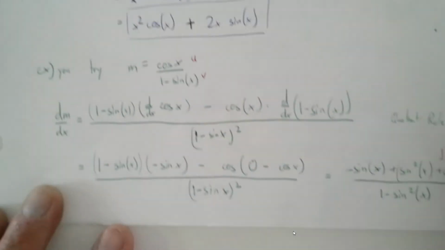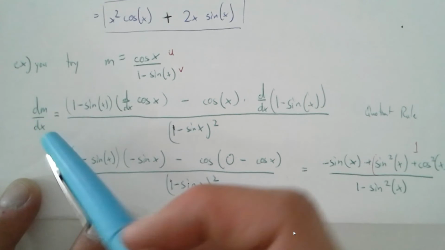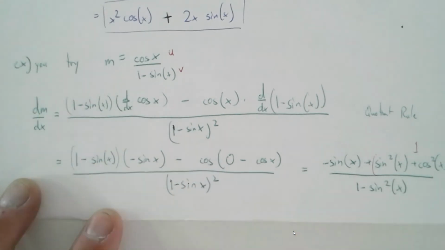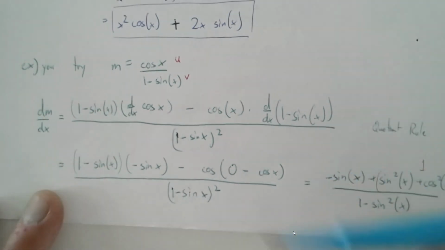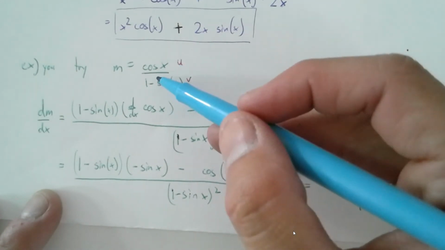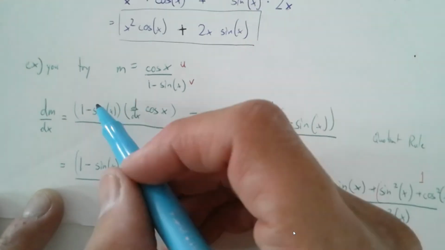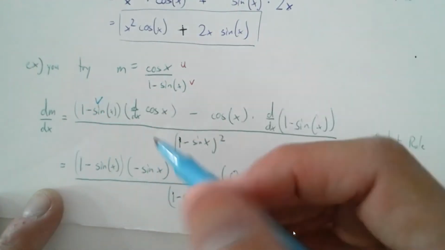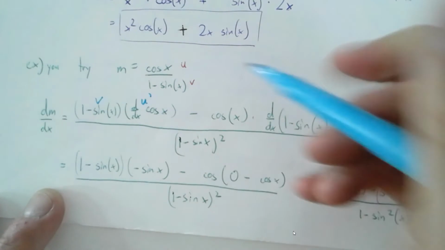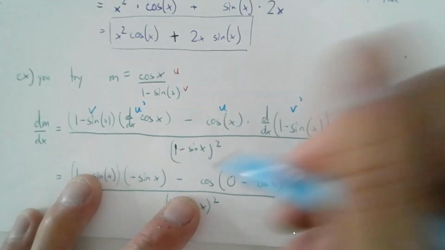So here's the solution. You take the derivative of m with respect to x. I made my u the cosine of x, and my v 1 minus sine of x. The first step was v times u prime, minus u times v prime, all over v squared.